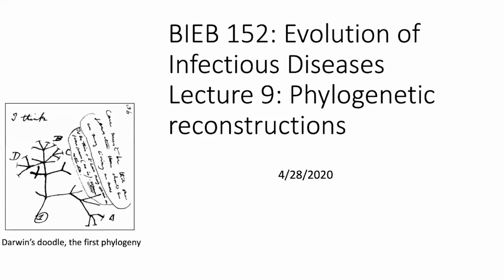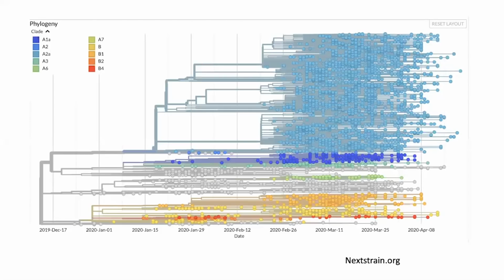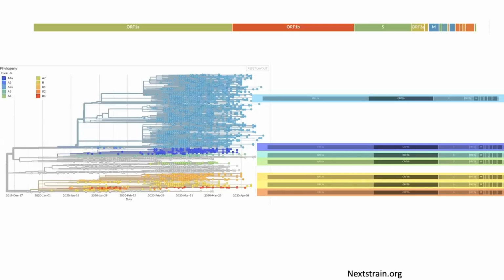Okay, so let's actually get into the course material. So I've shown you this phylogeny before. It's from nextstrain.org. And I now want to go over what's the data and what's the logic that the biologists used to construct this phylogeny. First thing is, what is the data that they use to actually create this phylogeny, to establish these evolutionary relationships?